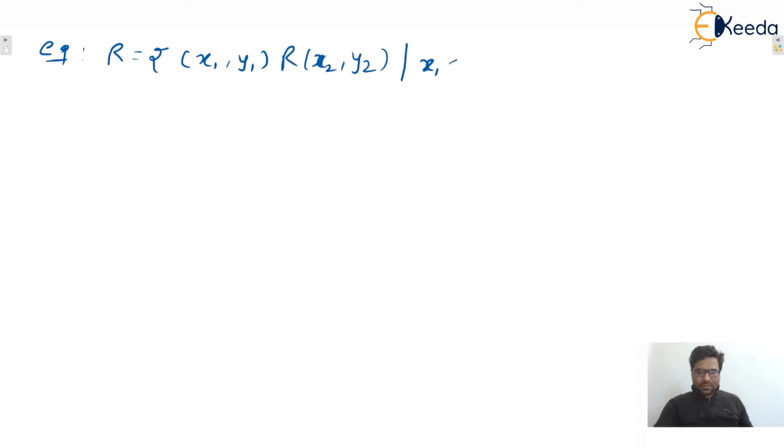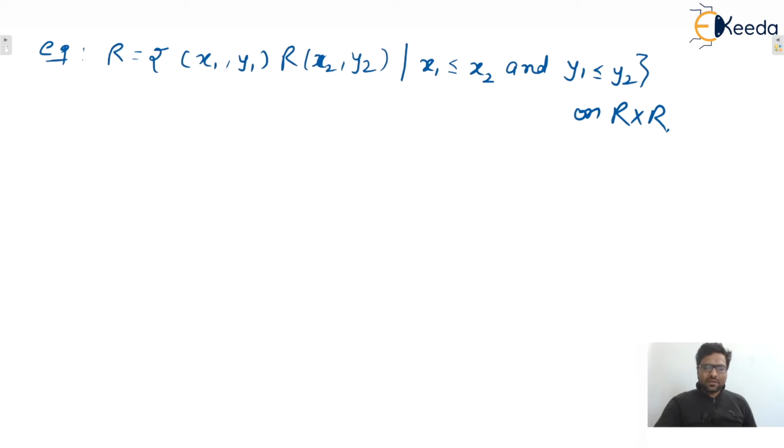Such that x1 is less than or equal to x2 and y1 is less than or equal to y2, and here 'and' means both conditions together. This relation is on R cross R. That means x1, y1 and everything belongs to the set of real numbers, isn't it? Now check whether this is a partial order relation or not.